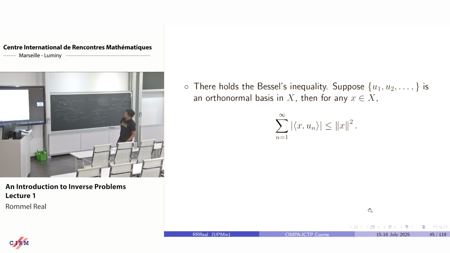Also, a useful inequality, Bessel's inequality: if you take an orthonormal basis in X with an infinite number of elements, then for any x in X, the infinite sum of the squared magnitudes of the inner products can be estimated by a much simpler upper bound, which is just the square of the norm of x.